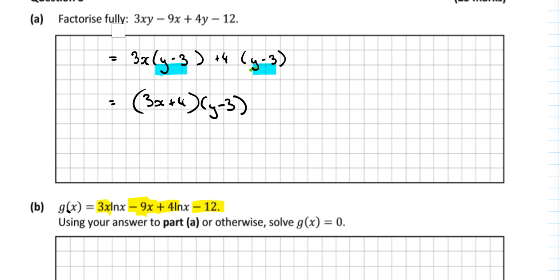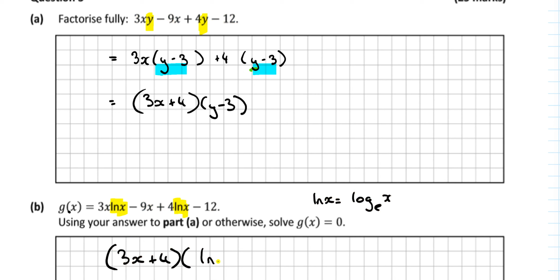The only thing that's different is that y is replaced with ln x. And remember that ln x is log to the base e of x. So we can use this factorising and just go, it's 3x plus 4 by ln x minus 3. And they want us to find it when it equals 0.